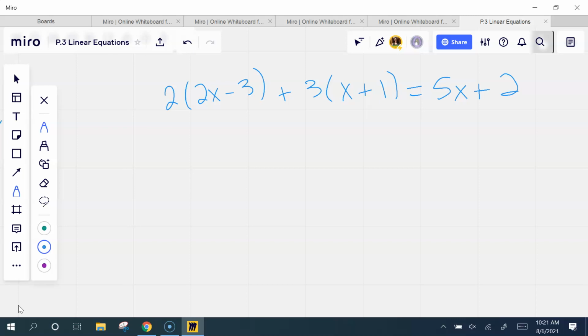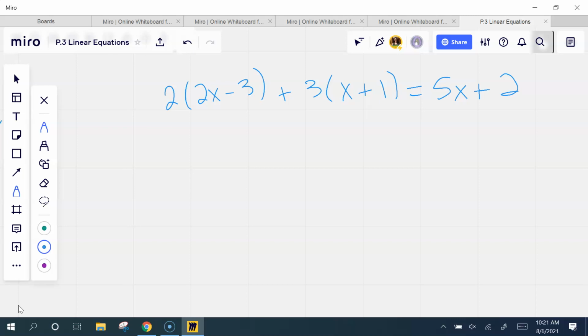Linear or not? Linear. How is it still linear? Okay, there's just one variable. There's no exponents. And even if I were to multiply this out, it would still be linear.